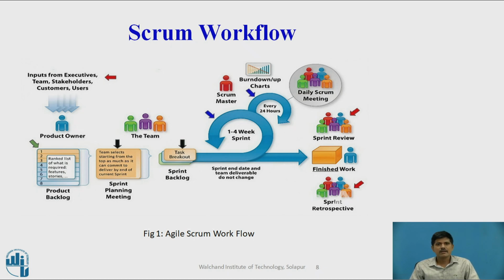And if the team has any doubts on any stories or requirements, they can ask the product owner, who is responsible to clarify them. Once it is done, the stories considered for the current sprint will be moved to the sprint backlog.